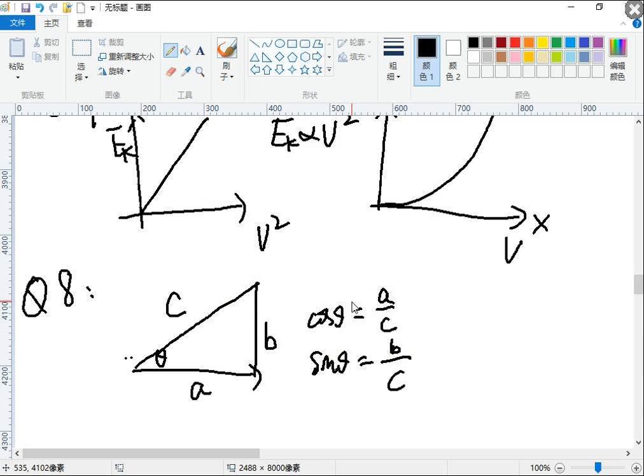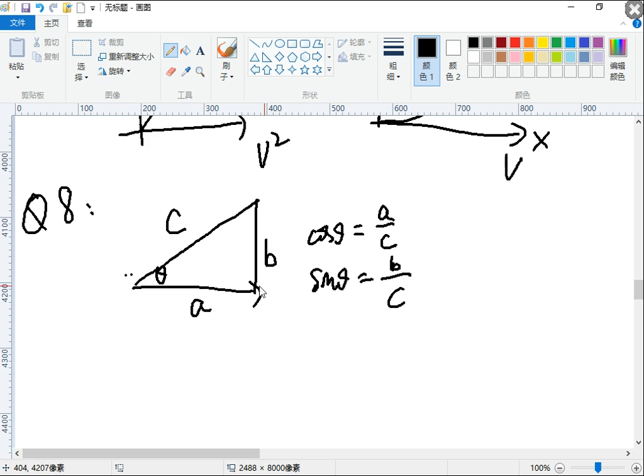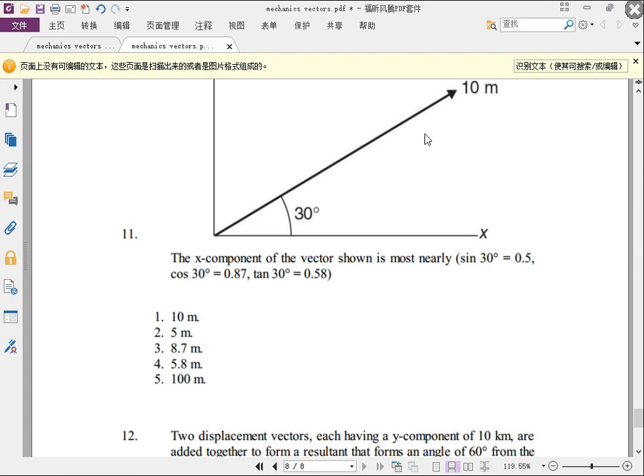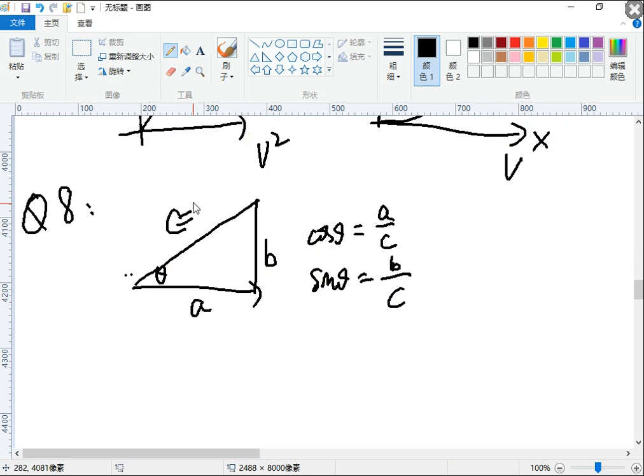Once you know what sine and cosine is, you know what the x and y component is. This time, C is 10 meter. Okay, the angle is 30 degree.